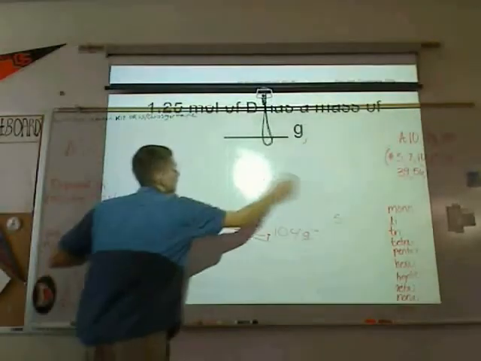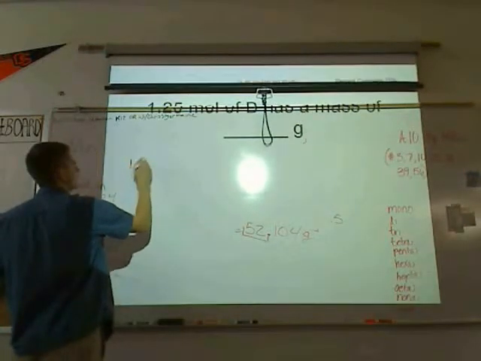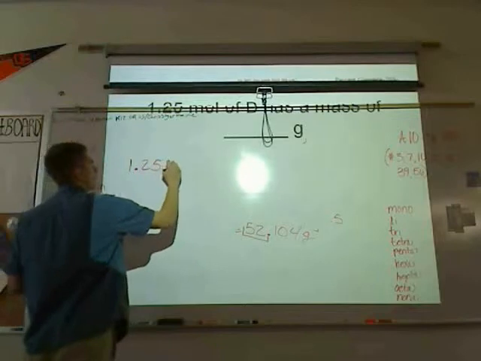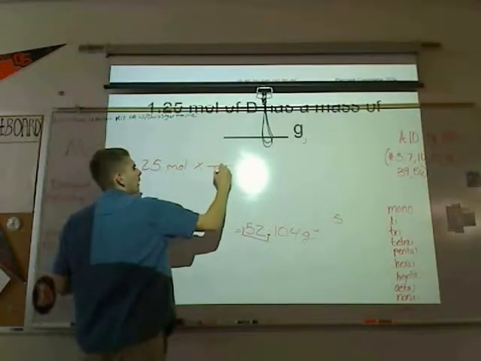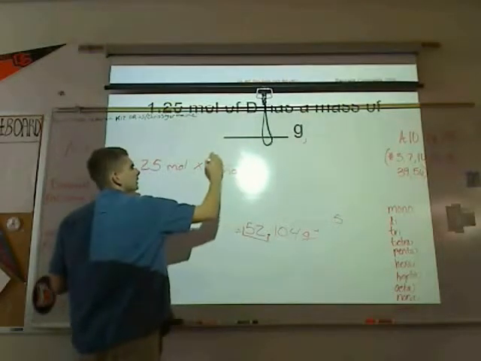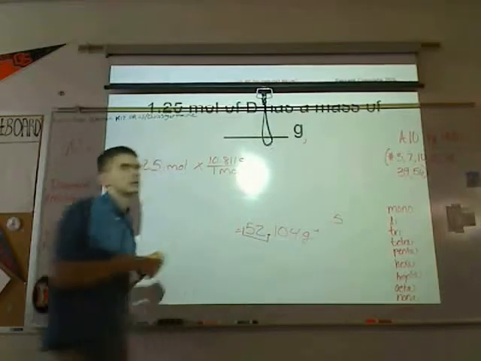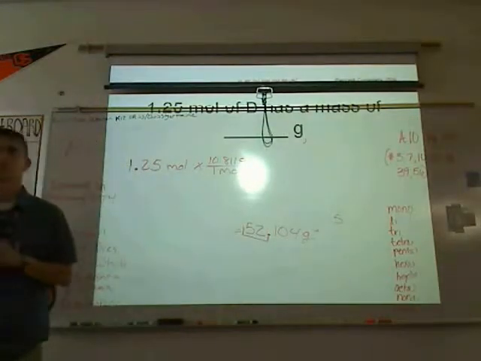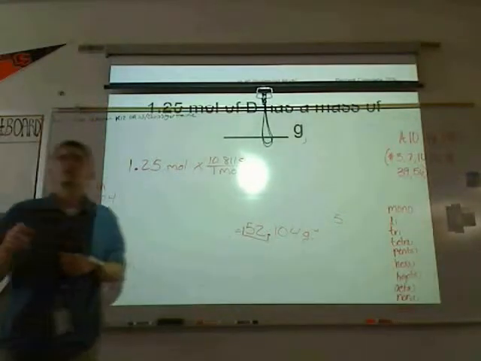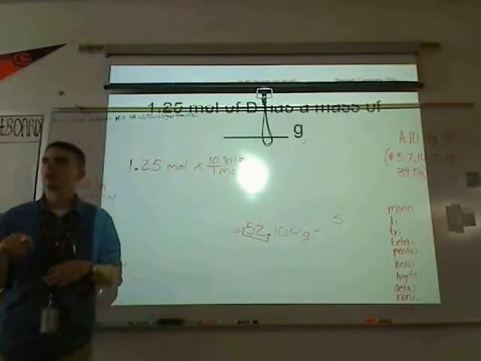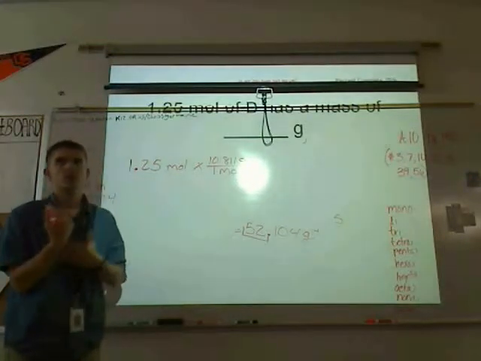Here we go. So it says 1.25 moles of boron times in a line. 1 mole equals what? Say 10.81. Your periodic table might not have as much information as my brain. Some it will, some it won't.